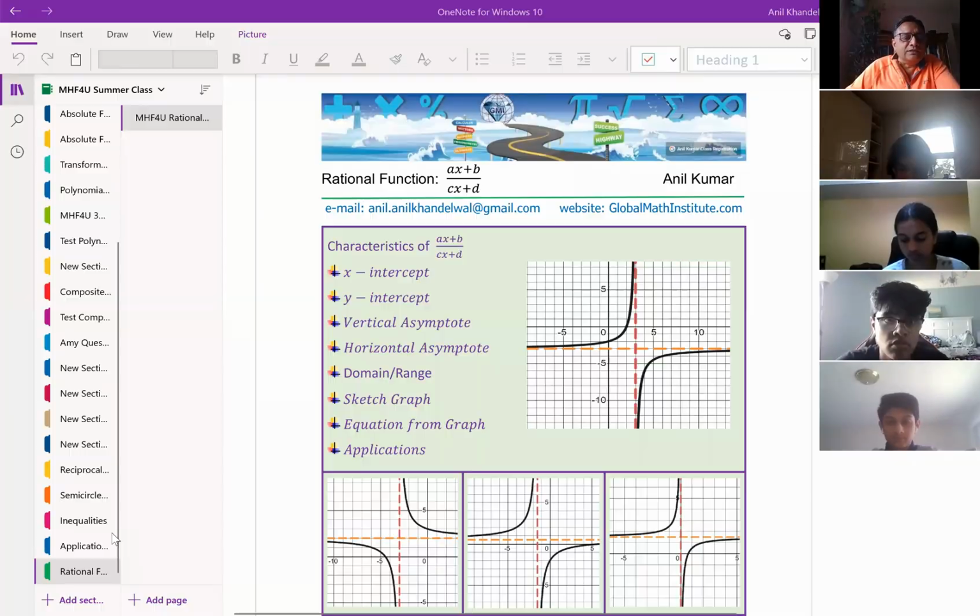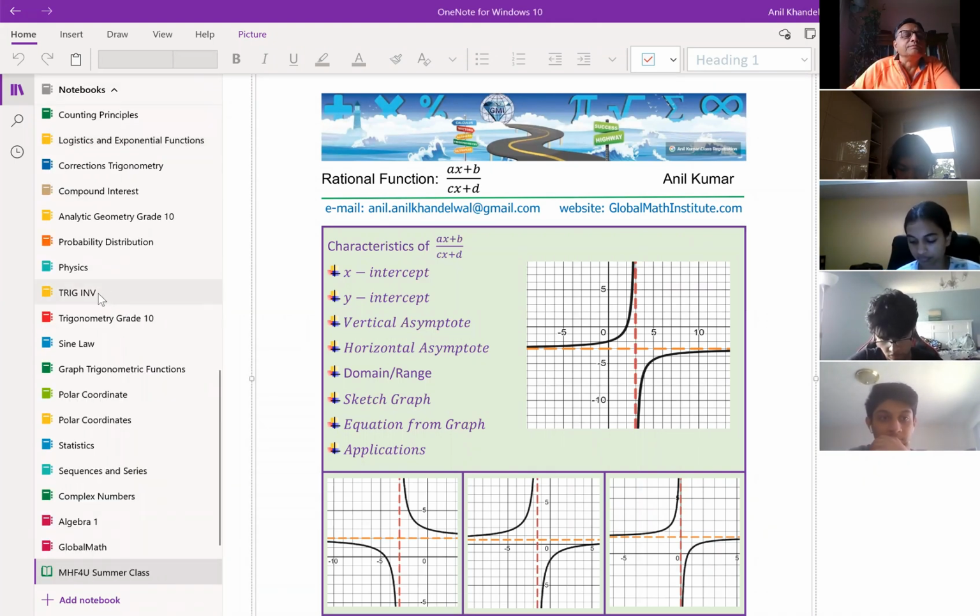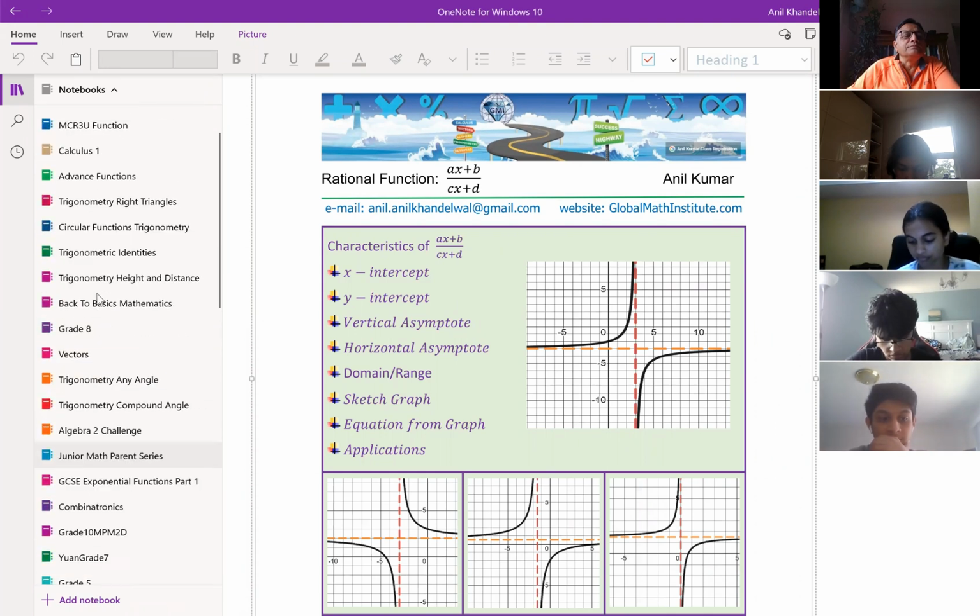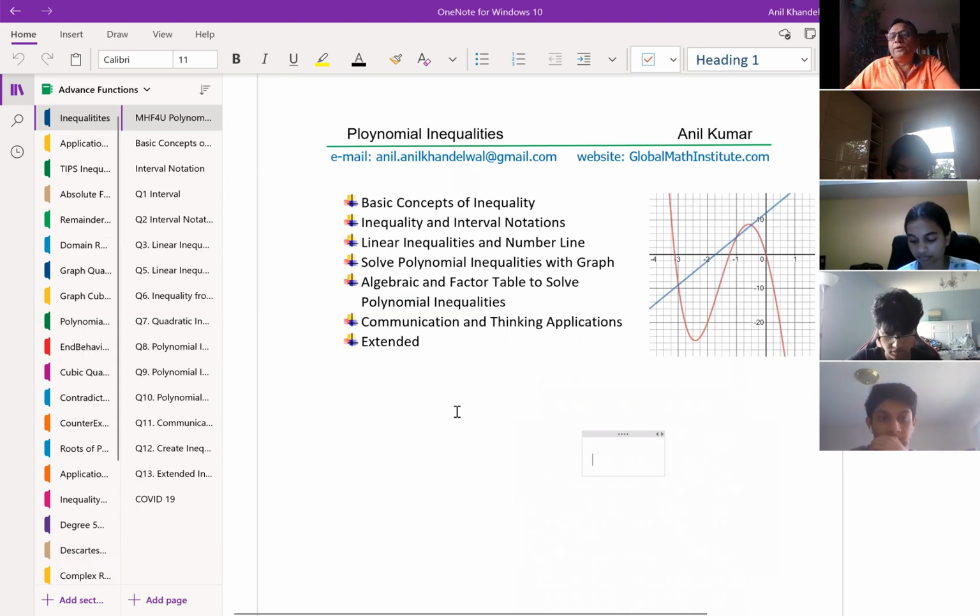That's great. So today we'll review basics about inequalities and move on to rational functions. Okay. So let me share my screen. I wanted to start with rational functions, but since you wanted to do inequalities, let me take that out. Quickly, we'll go through inequalities. Can you all see my screen, please?